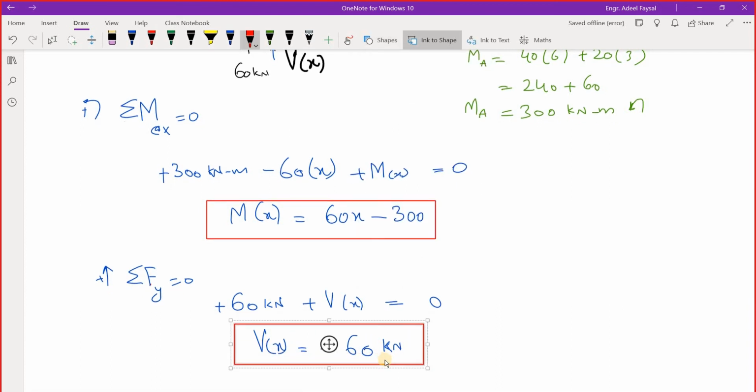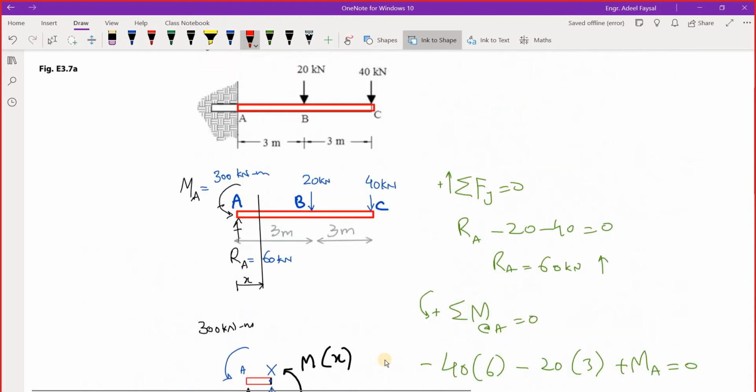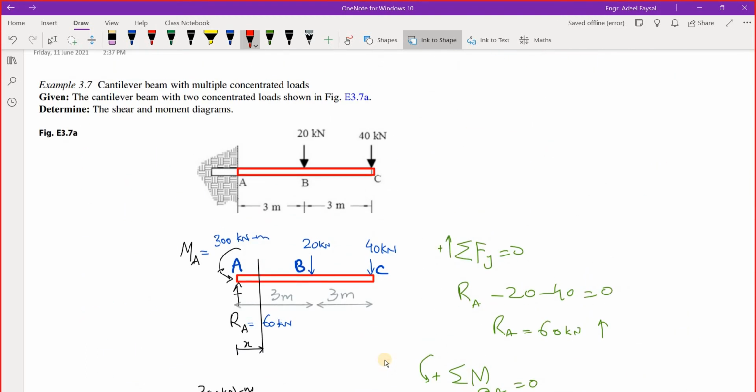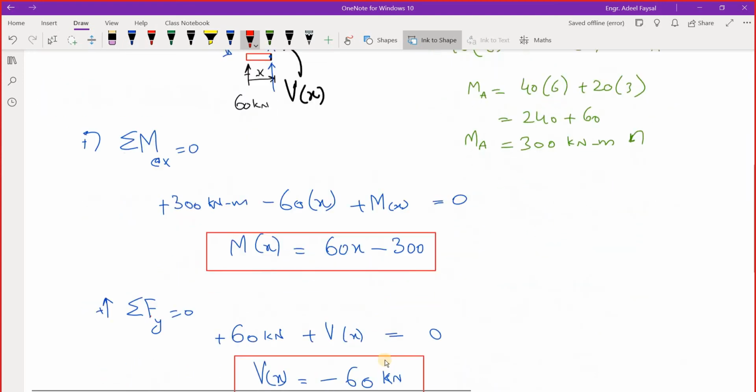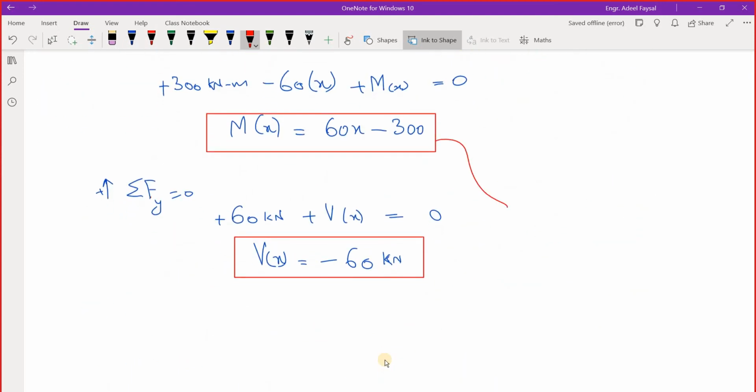Alright, so we have this equation for shear force. Now we have the equations for shear force and we have the equation for bending moment in terms of x, and we have considered section between A and B. So we can say that these two equations of V and M, they are valid only for x ranging between 0 and 3.